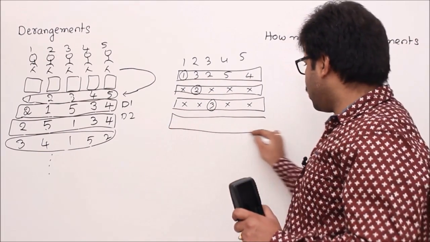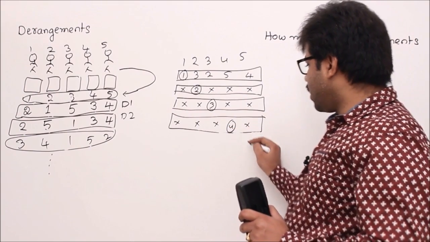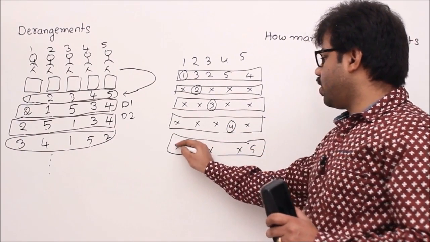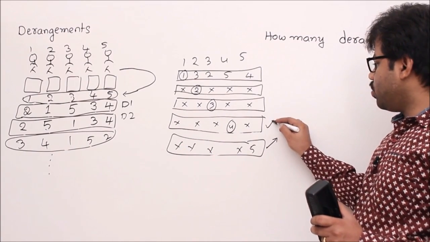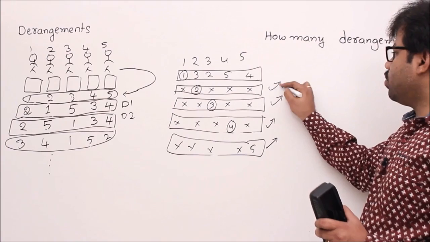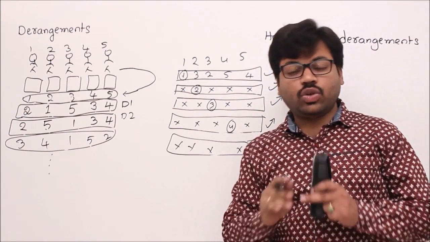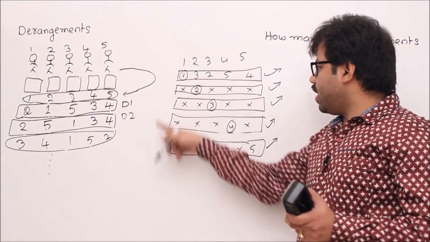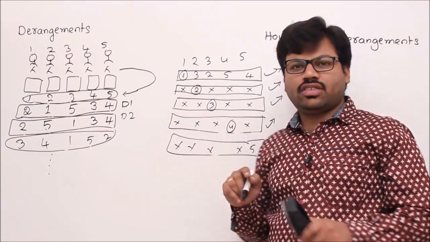There are 5 structures, so each non-derangement falls under one of those structures, you see. Either your non-derangement will be in this model, or in this model, or in this model, or in this model, or in this model, isn't it? You cannot have another model, right? So finally, all non-derangements can be divided into 5 parts.